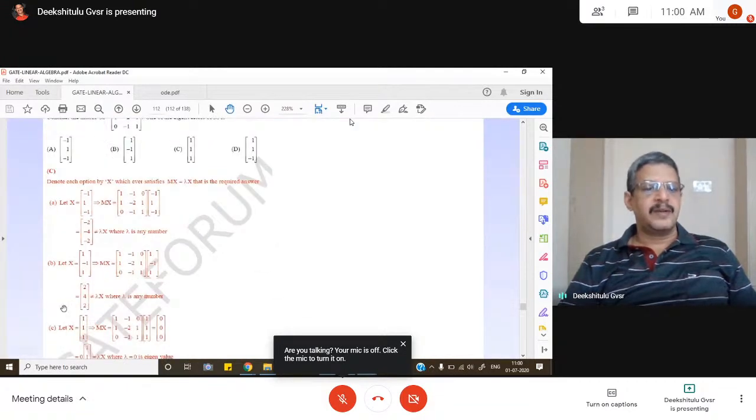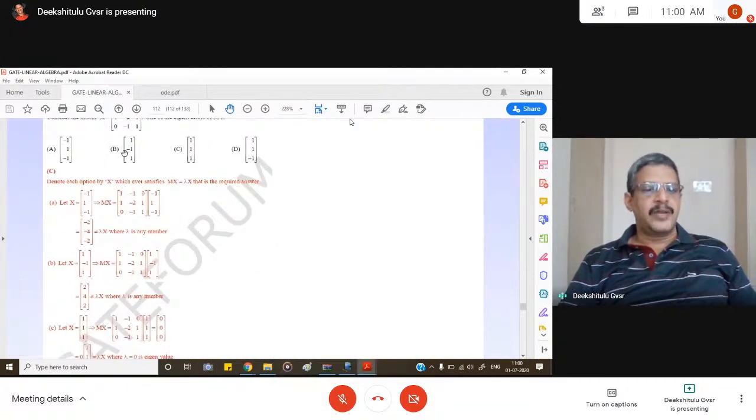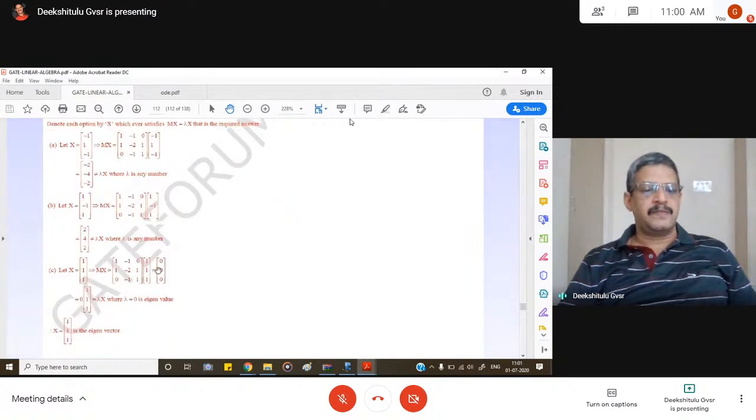Take the second one, 1 minus 1, 1. So M into x is like this. You have 2, 4, 2, but this vector is 1 minus 1. So it is not equal to lambda x. You cannot find a lambda such that lambda x is equal to this one. And if you take 1, 1, 1 and multiply this with 1, 1, 1, we are getting 0, 0, 0.